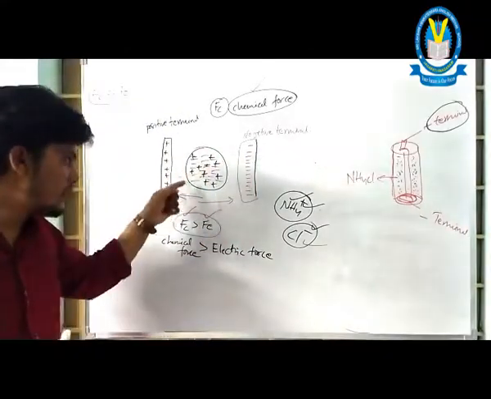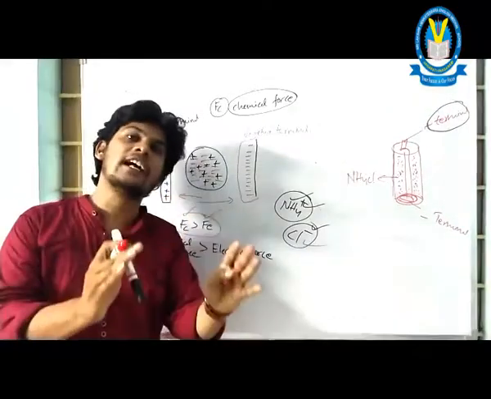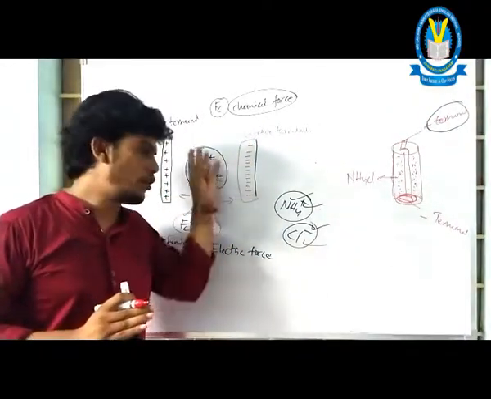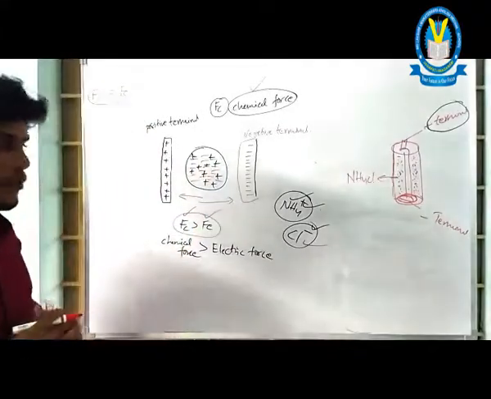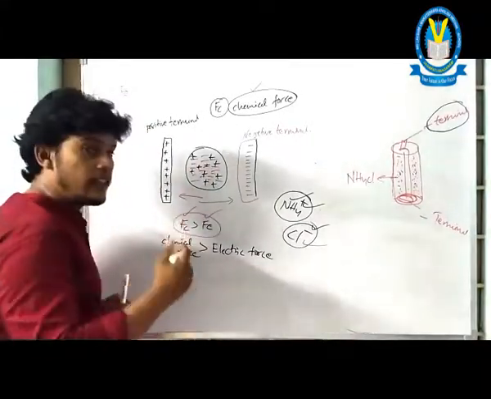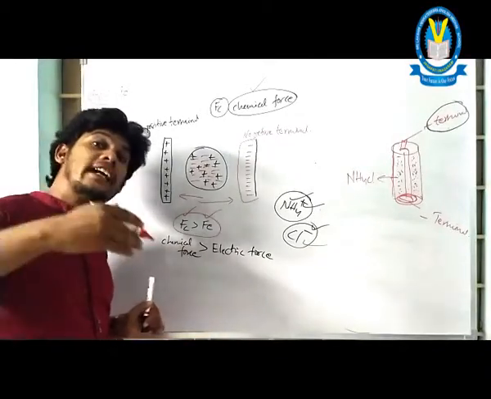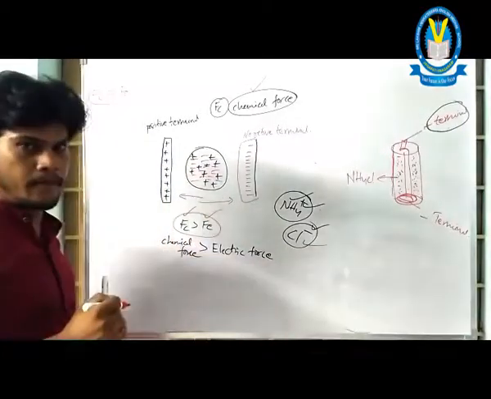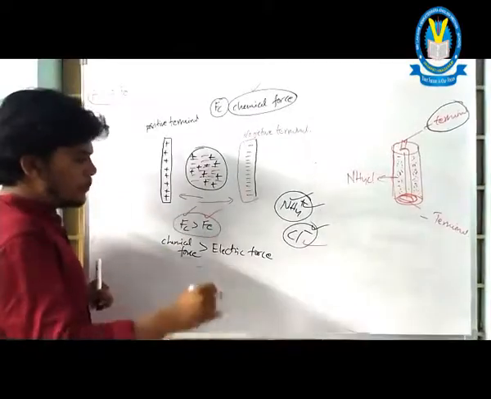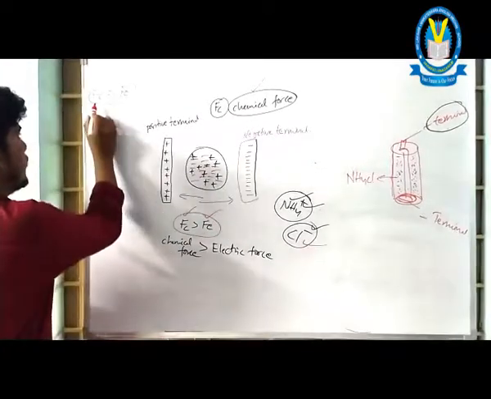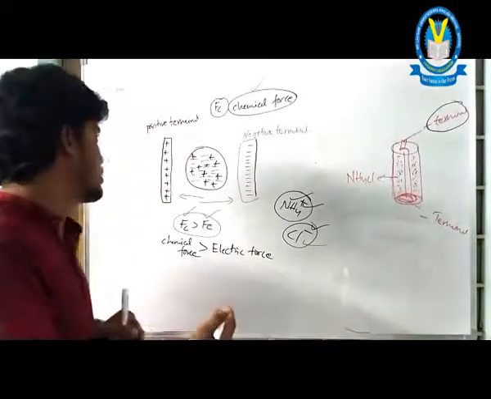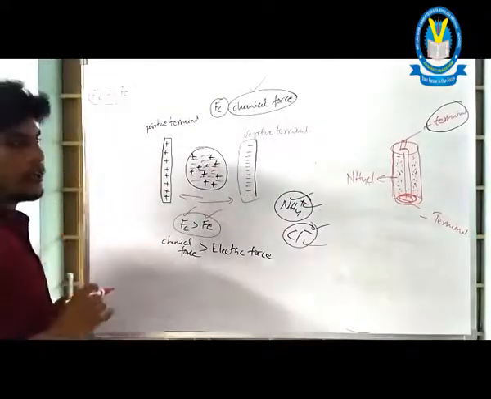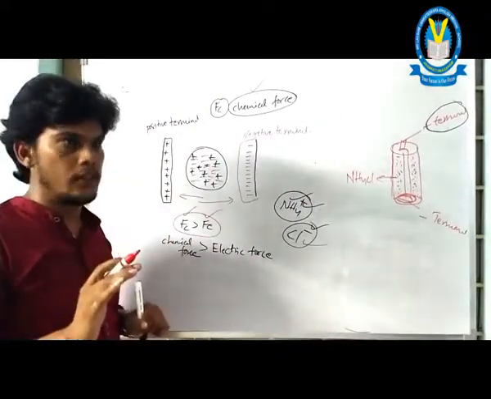The movement of these charges present in the chemical paste, the chemical electrolyte, takes place only when the chemical force is greater than the electric force. This process continues until the chemical force approaches a strength equal to the electric force.